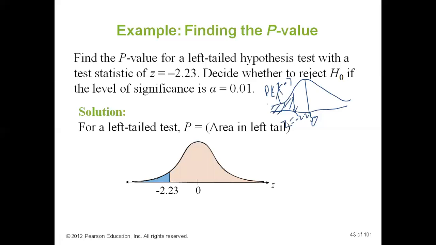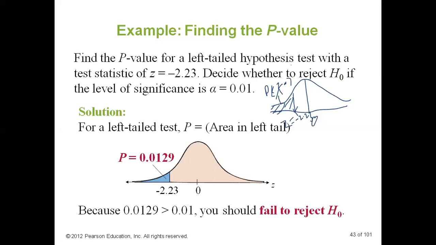You can see here in this diagram, for left tail test, p equal to area in the left tail. And how will you find out this probability value? We can find out this probability with the help of the z distribution table. We will see it.